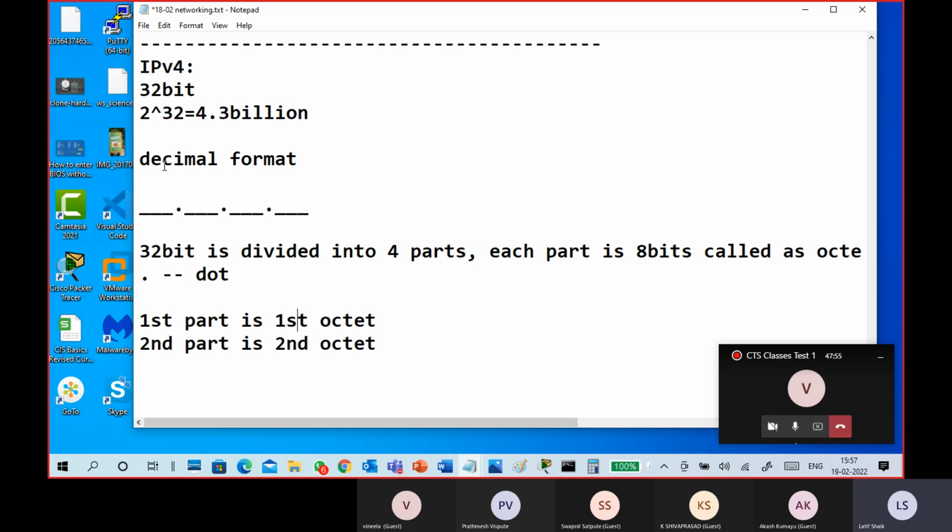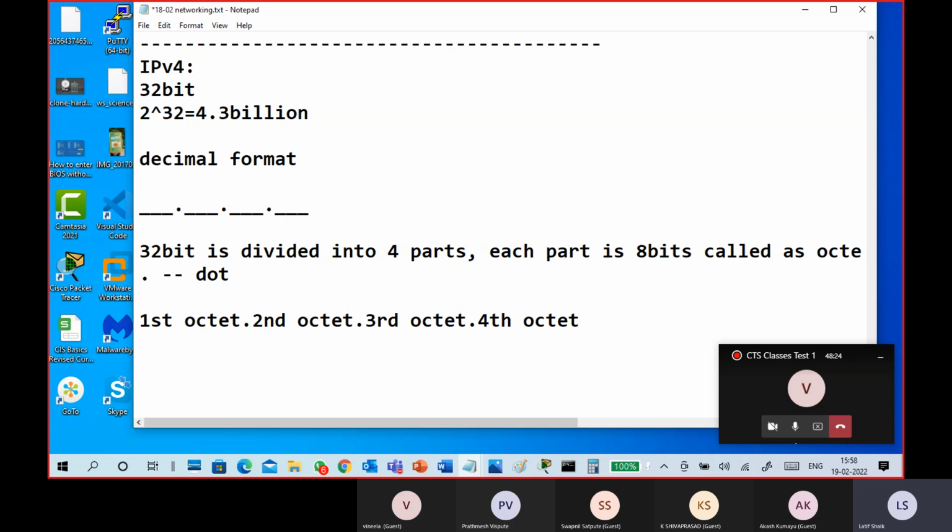So like this, the first one is the first octet. Okay, it becomes very big, that's why I am removing all these things. Second one is the second octet, dot. Some people say point. So don't use point. Dot is the correct word to say. So first octet dot, second octet, third octet, fourth octet.